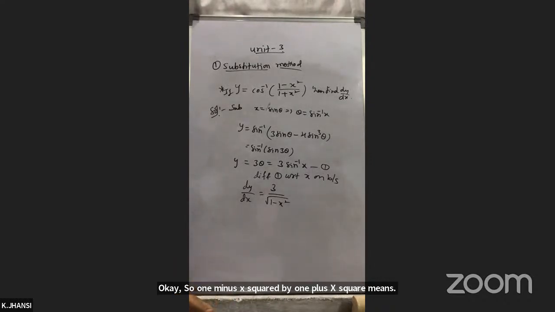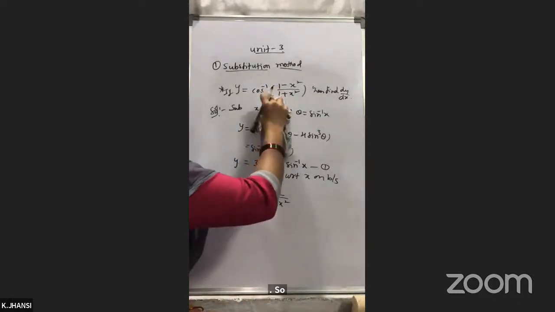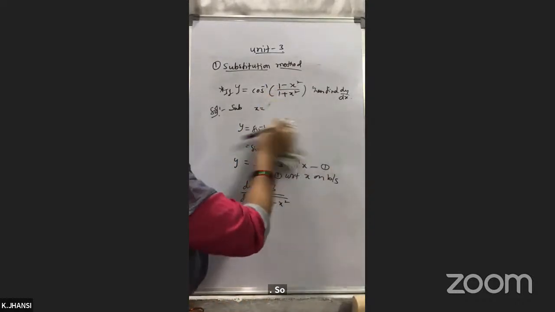That means cos should get cancelled. So that means you can keep here x as tan theta. So cos 2 theta in terms of tan theta, we have to convert that one. So now substitute x equals to tan theta.